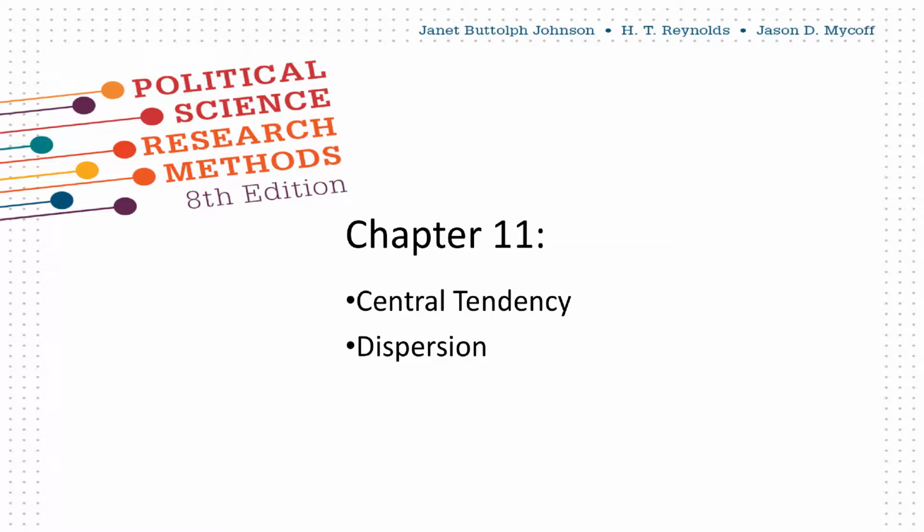Now we've gone over so far how to think about a research design: experimental, non-experimental, case study, qualitative, quantitative, a lot of different avenues for you to go. And regardless of your research design, you will be gathering data in some way.